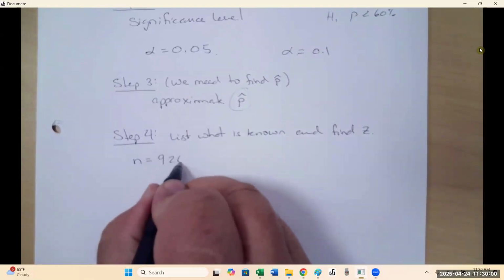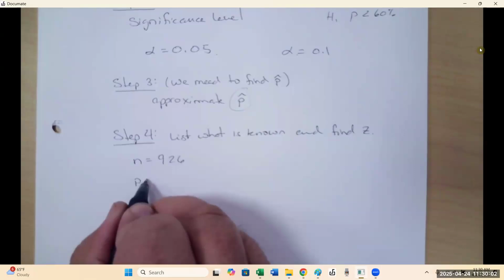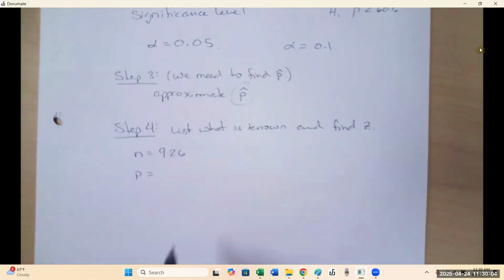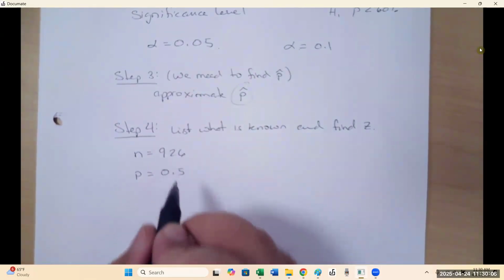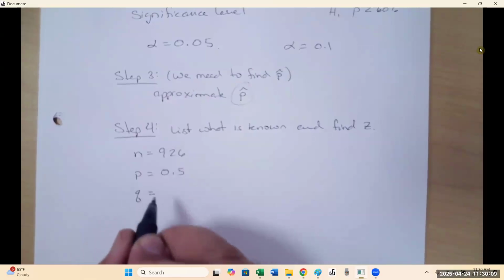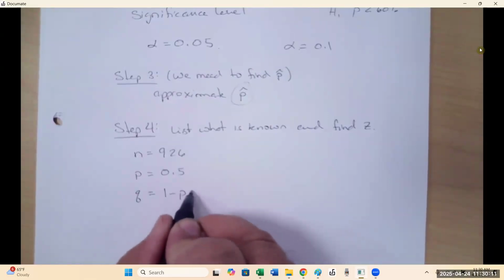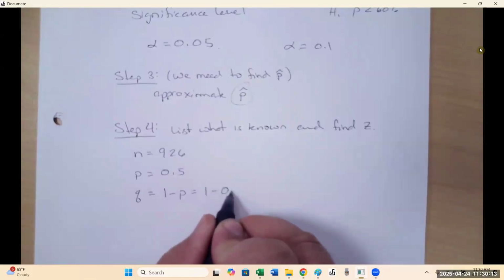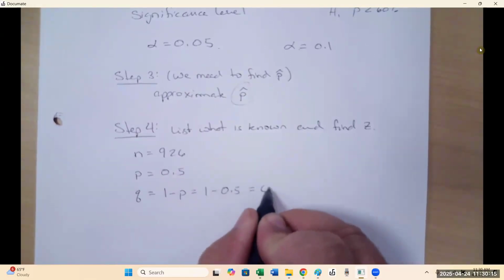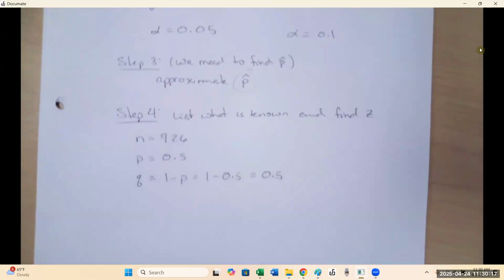Yes, that's 926. Do we have P? That's 0.5. Do we have Q? That's 1 minus P, 1 minus 0.5, which is 0.5 also.